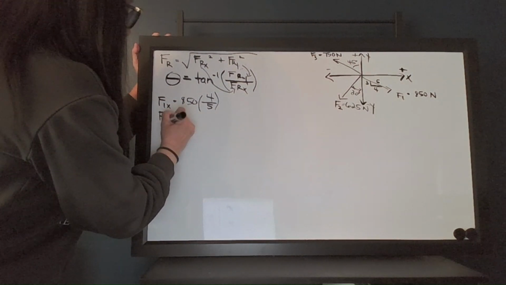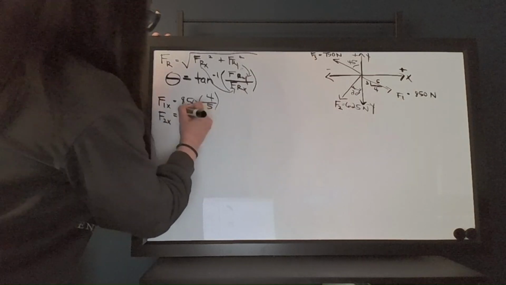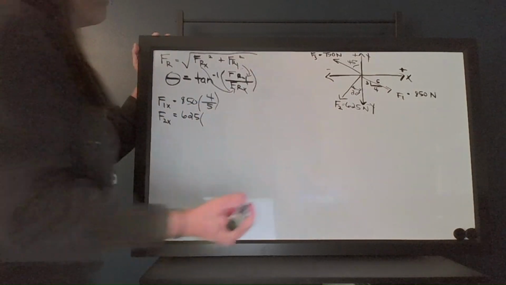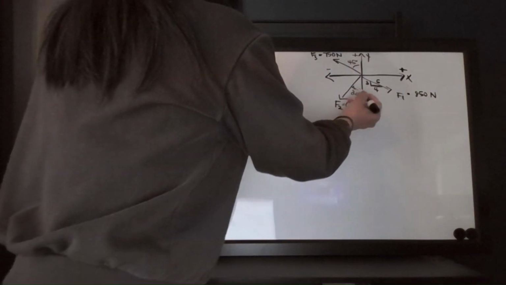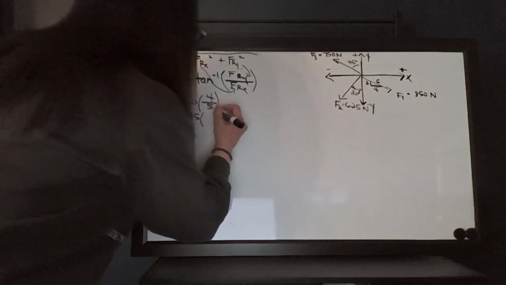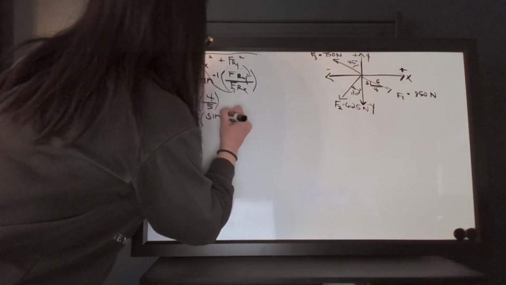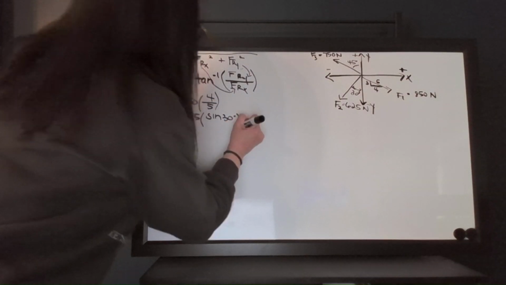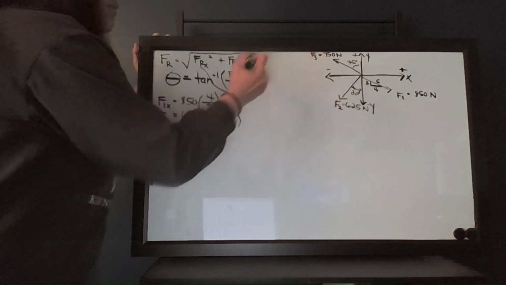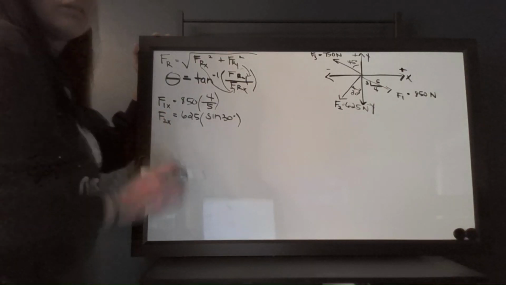F2x is 625. But remember, it's measured from the y-axis, so it's going to be sine 30. And I also forgot to mention the positive and negative signs for these forces.